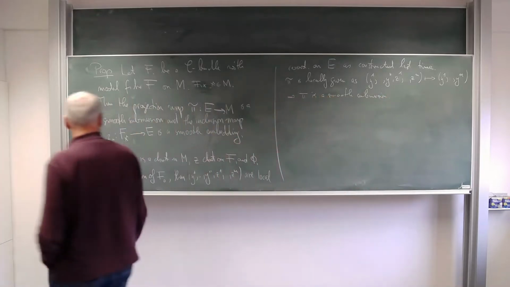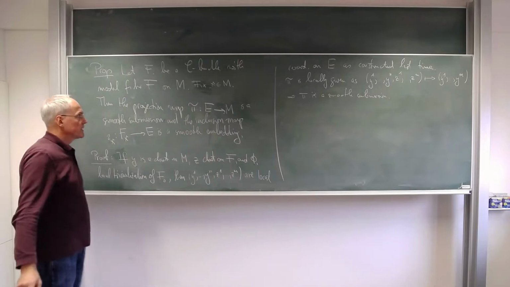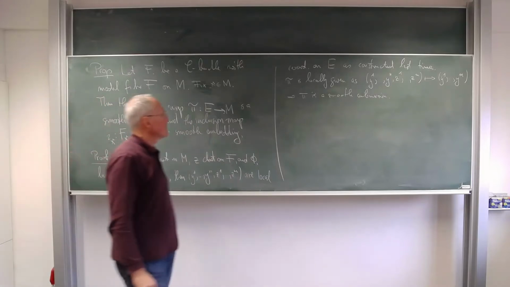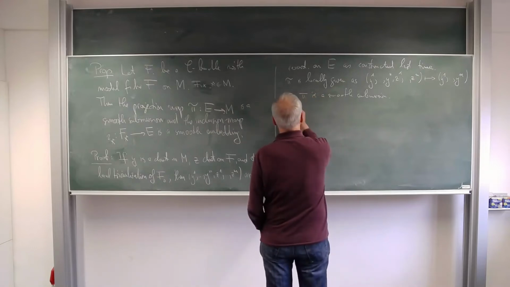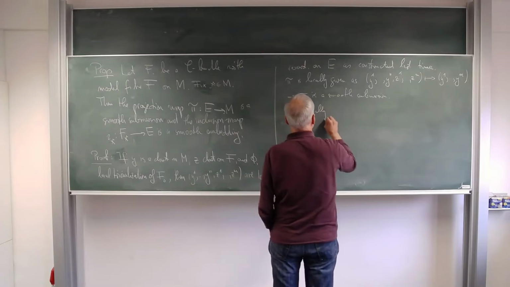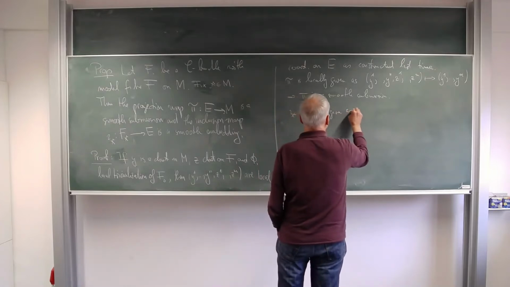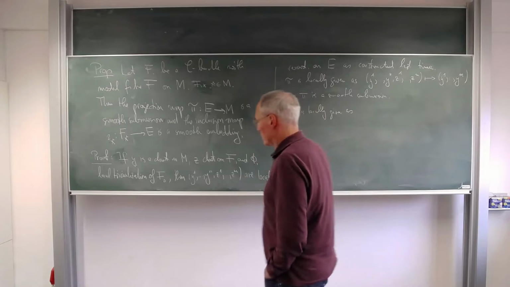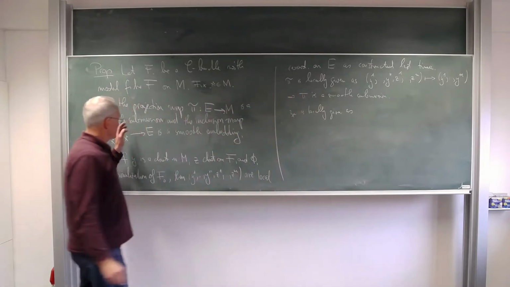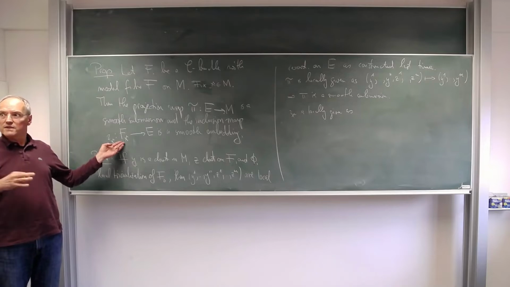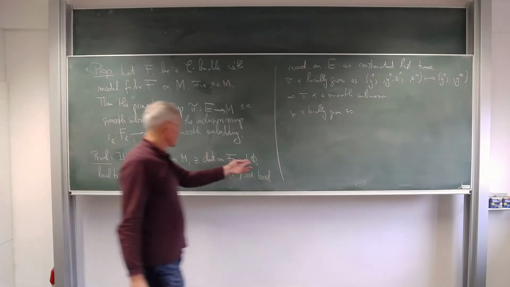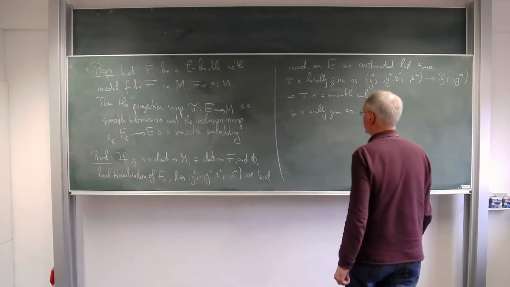And so concerning the embedding iota x, iota x is locally given as, well, we can use the coordinates z1 up to zm as coordinates on the fiber when we identify the fiber F_x with the model fiber using the local trivialization.